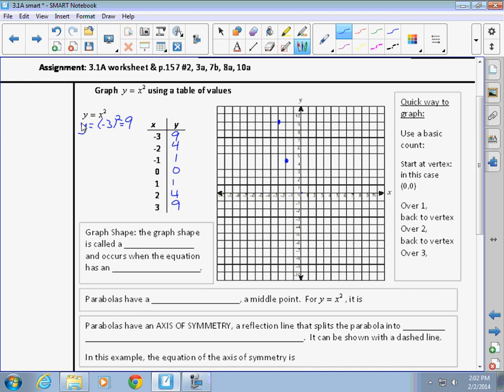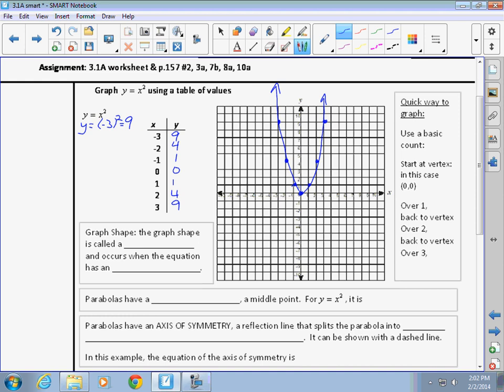Negative 1 and 1. 0 and 0, and then we went to 1, 1, 2, 4, and 3 and positive 9. If I connect my dots there, what I have is kind of a U-looking graph.